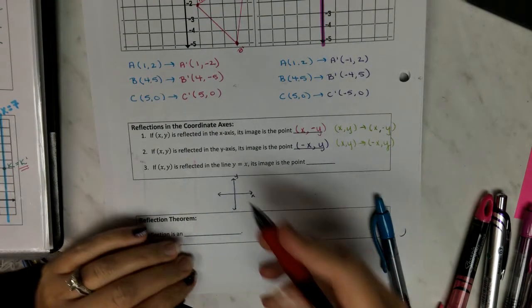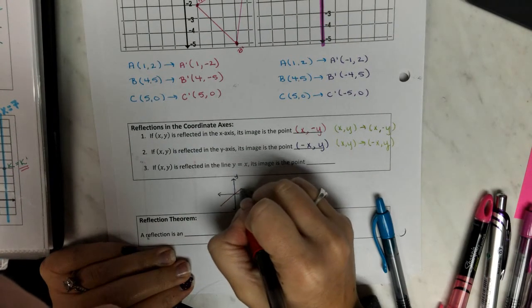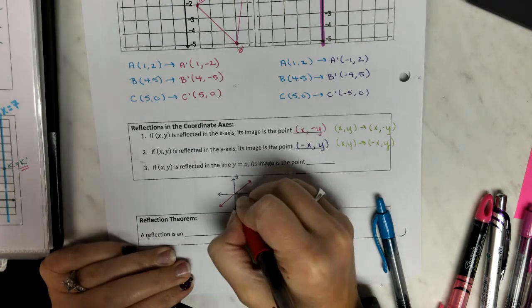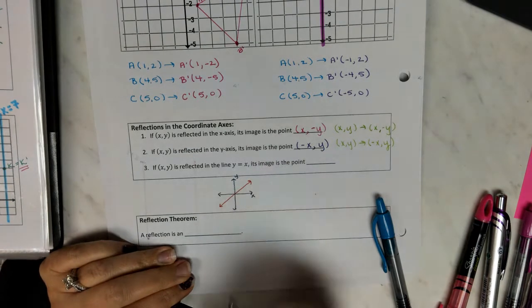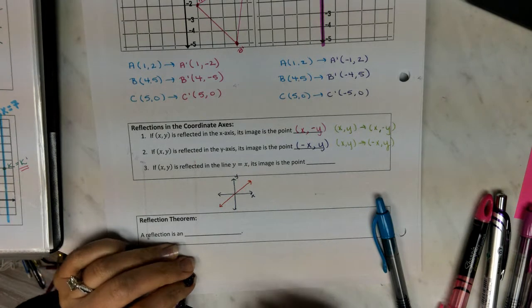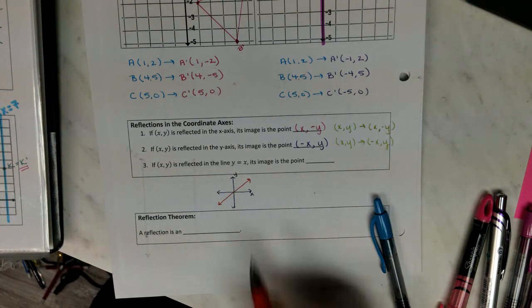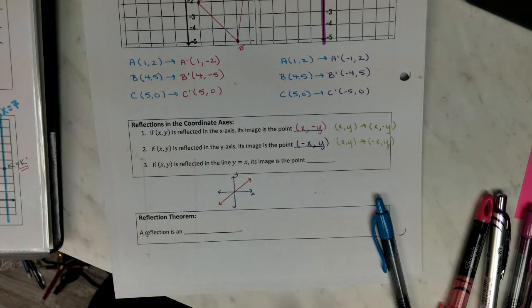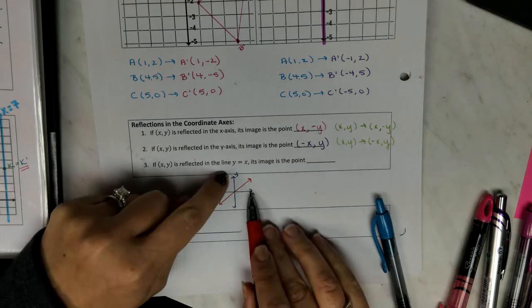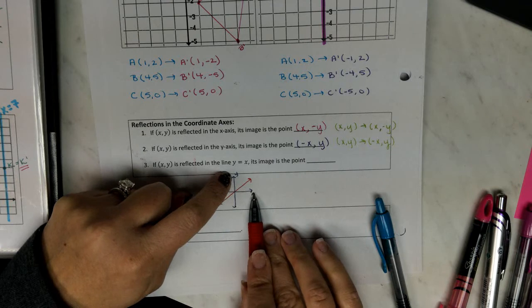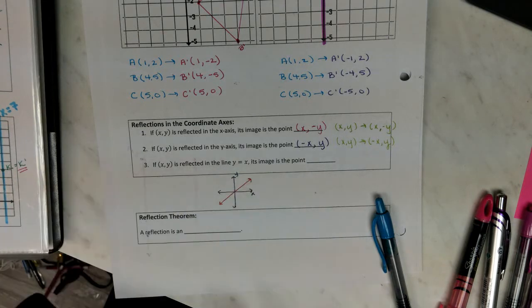That line, Y equals X, has a slope of 1, so it's going up 1, right 1, up 1, right 1, up 1, right 1, and it went through the origin because its y-intercept was at plus 0. Okay? So if you were to flip over that line, notice these two are going to switch spots.